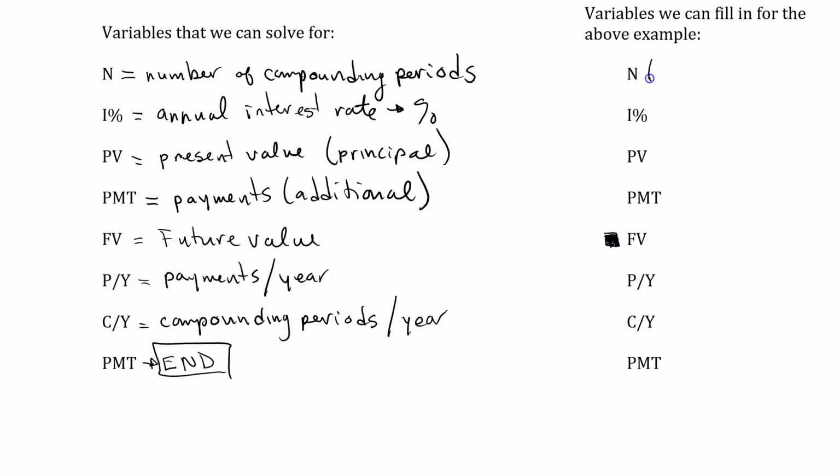The number of compounding periods here, we would say 3 years times 2 compounding periods per year. What's so great about this, you type that in, 3 times 2, and it comes up with 6, which is kind of silly for right now, but when we're talking about a larger number of years and larger amount of compounding periods, it's actually a really nice feature.